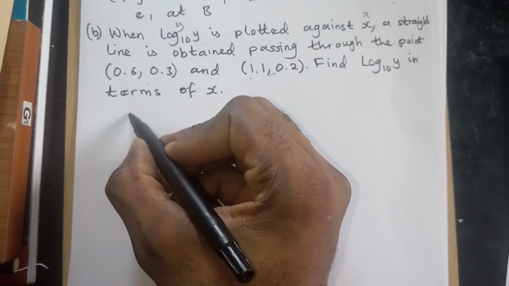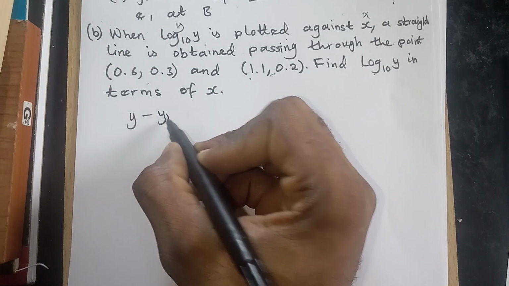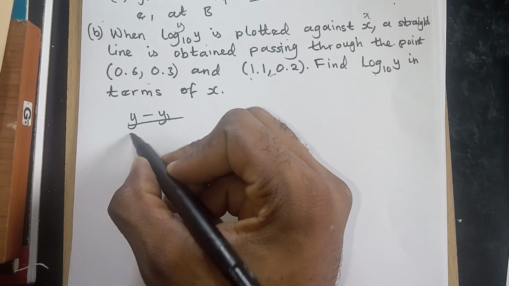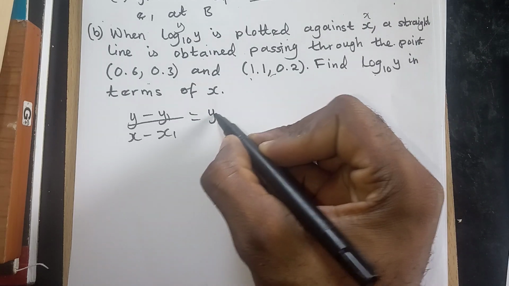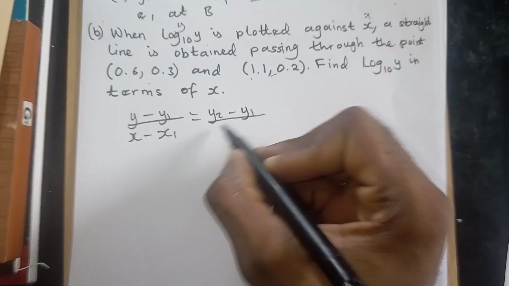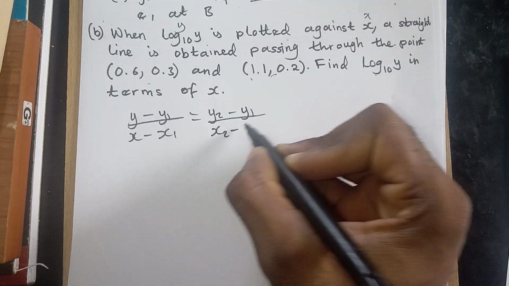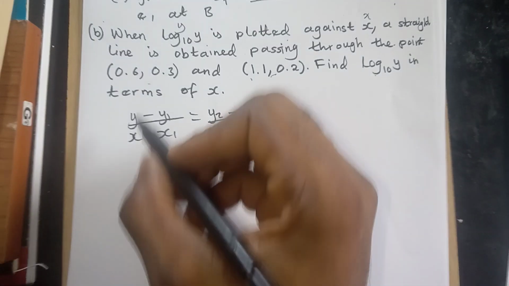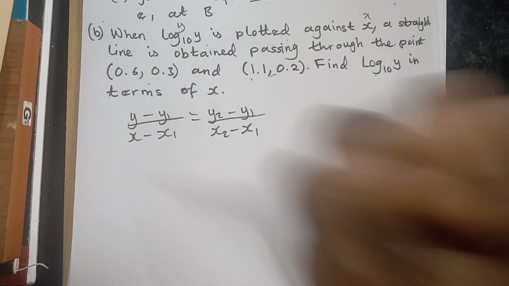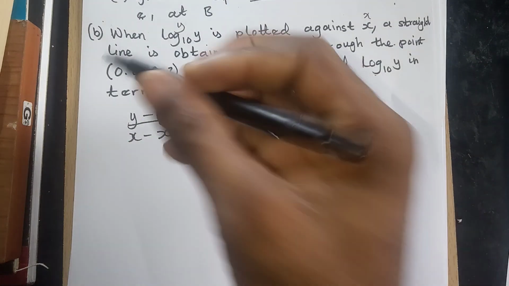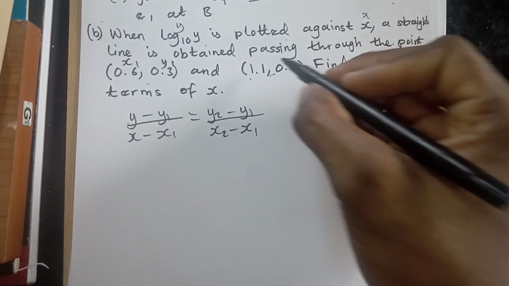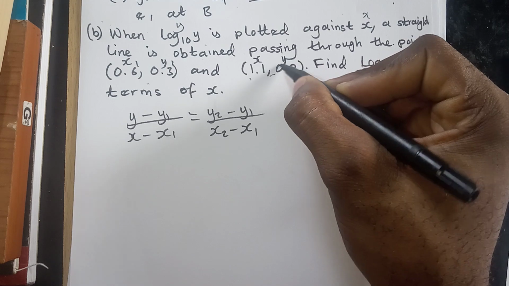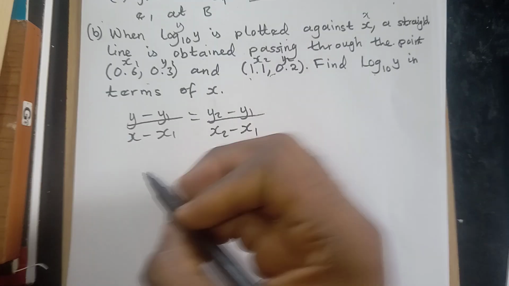So let's find the equation passing through this. In a case like this, I like using this method. You are free to use any method of your choice. y minus y1 over y2 minus y1 equals x minus x1 over x2 minus x1. I'll call these ones my ones, x comma y, and these will be twos.